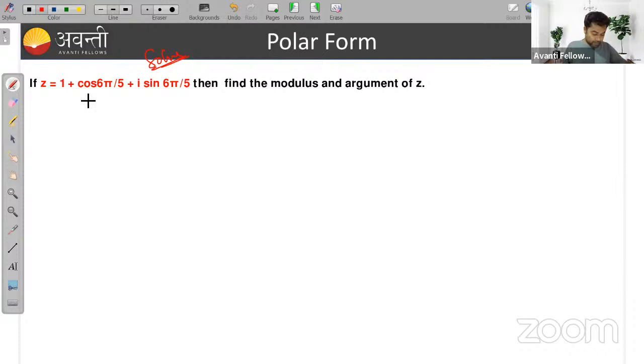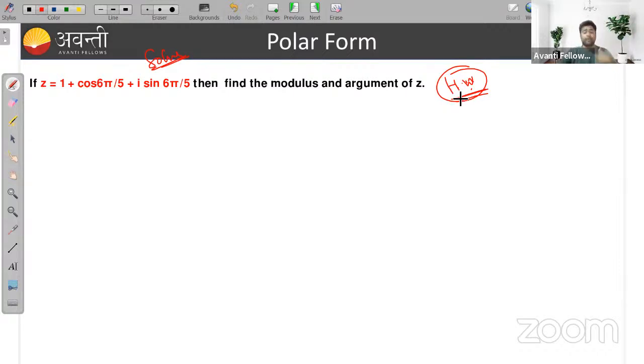What is the answer? Anyone can say? Just solve it. What is the modulus and what is the argument of this complex number? Take it as your homework question, because we don't have time. Try it after class and come with the answer to the next class.